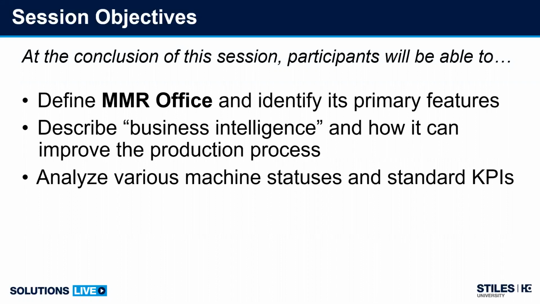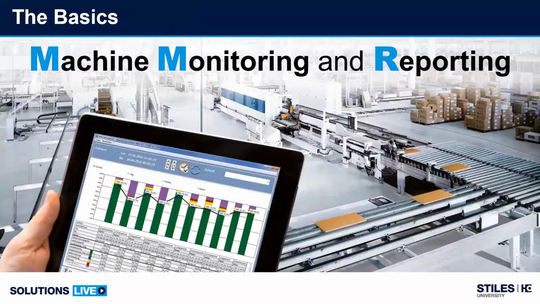For anybody that has visited us at Stiles Machinery, an example of this are the televisions that we have hanging throughout our facilities and the different business units and departments as we monitor that business activity. Those are KPI dashboards, Key Performance Indicator dashboards. MMR is really close to that same type of thing, but for machinery. MMR stands for Machine Monitoring and Reporting.